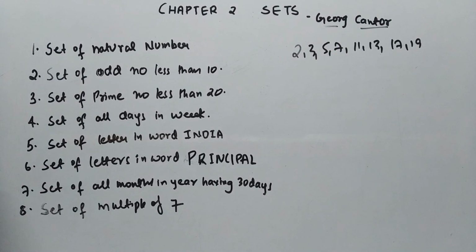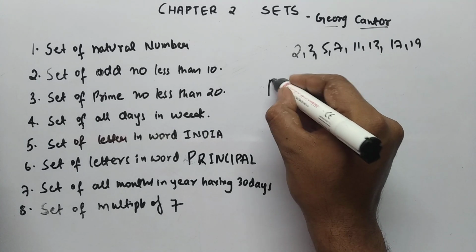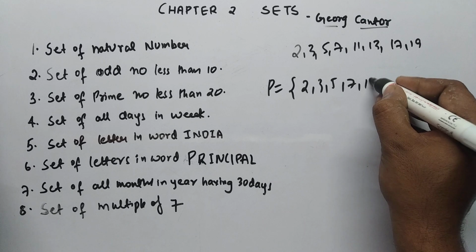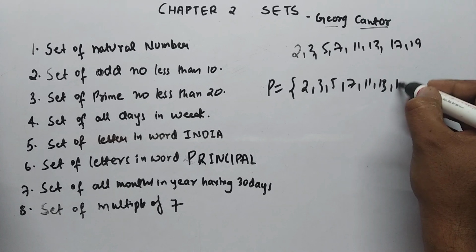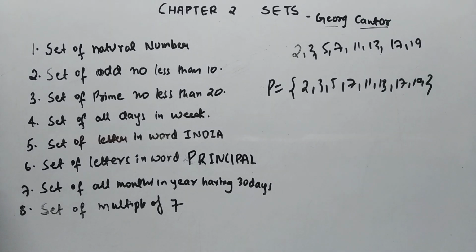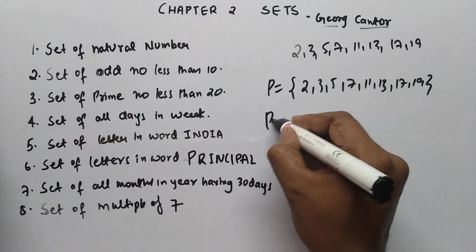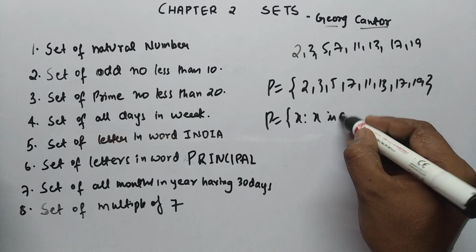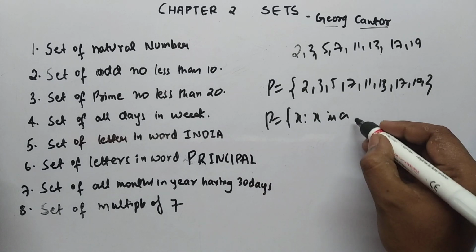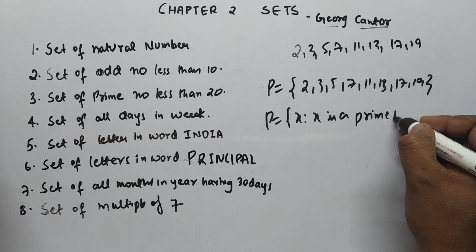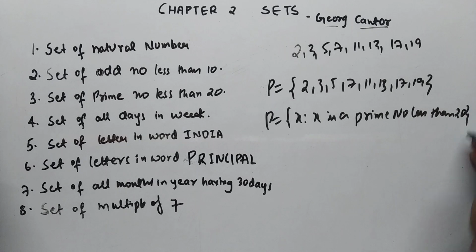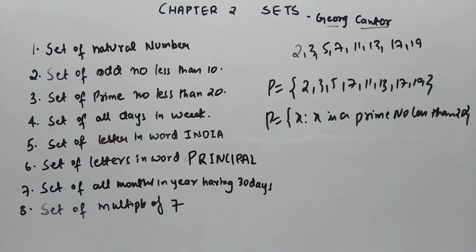In roster form, you write 2, 3, 5, 7, 11, 13, 17, 19 in curly braces, separated by commas. In set builder form, you write x such that x is a prime number less than 20.